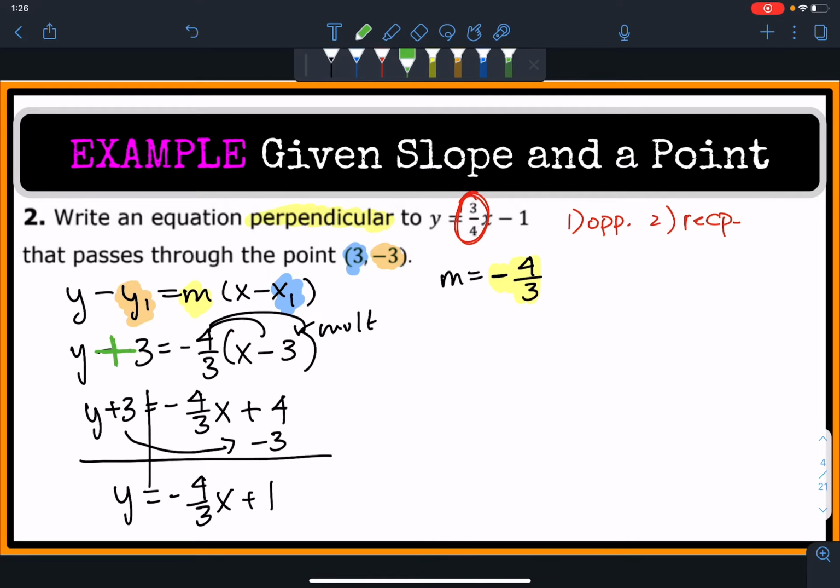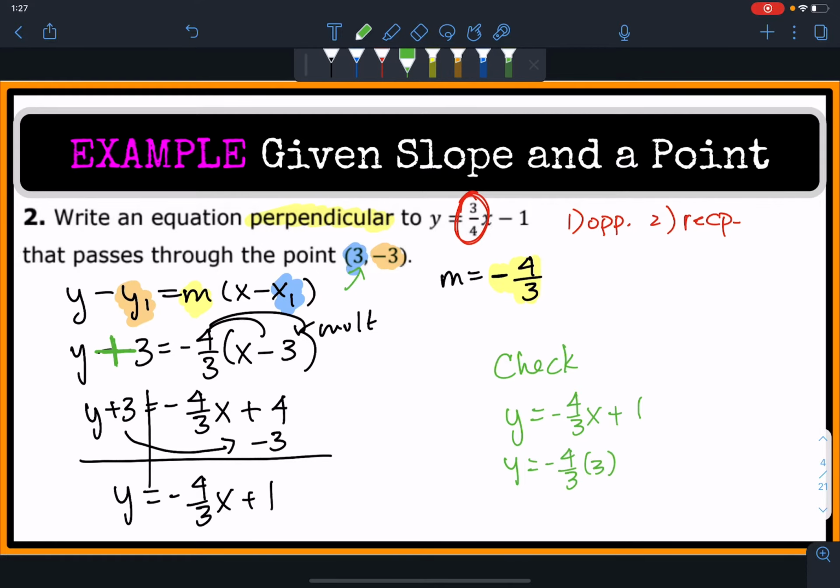And I can check if my work is correct by checking that these slopes are opposite reciprocals, which they are. Notice that the number is the opposite and flipped. But to check that the line goes through this point, I take my equation and replace the x value with the x value of 3.